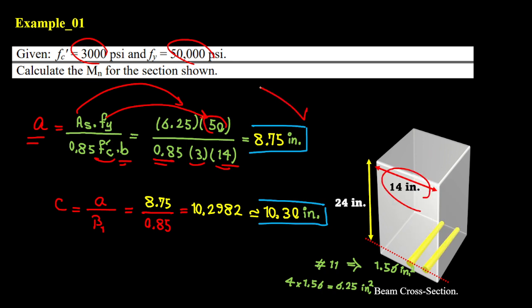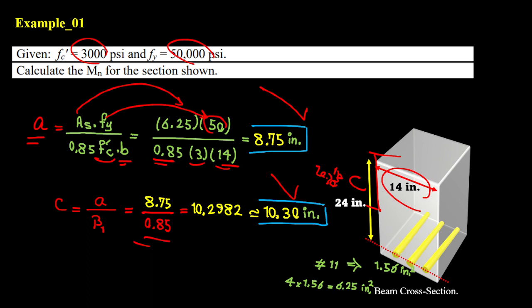0.85, b is 14 inches in this section. As soon as you have your a, c is a over beta 1, and for f'c less than 4000, beta 1 is definitely 0.85. That gives us c, the neutral axis height from the top of the section. So that's our c, 10 inches.